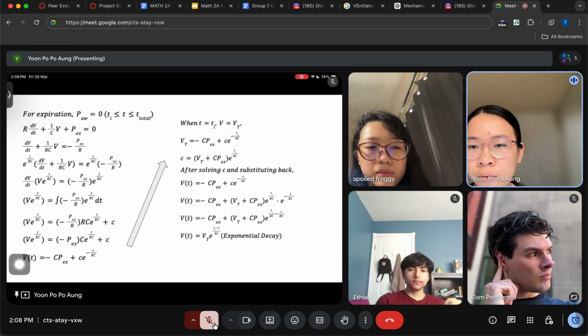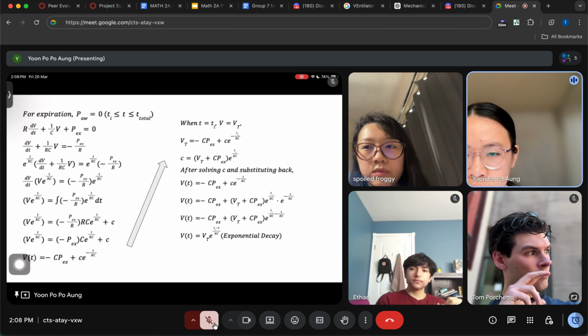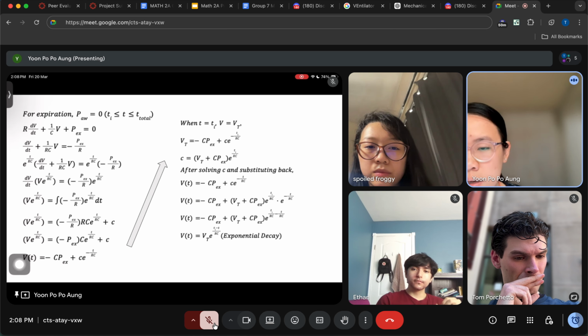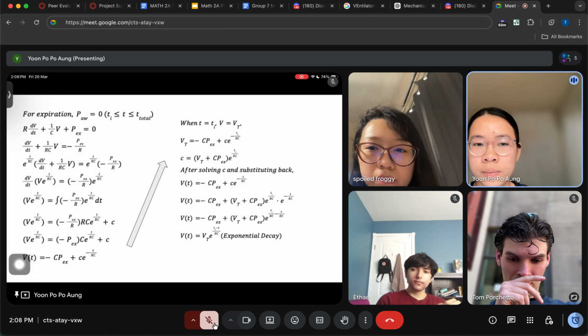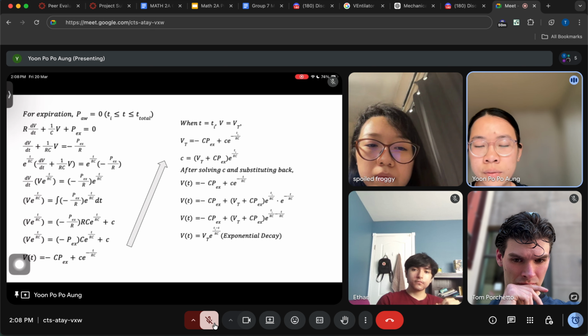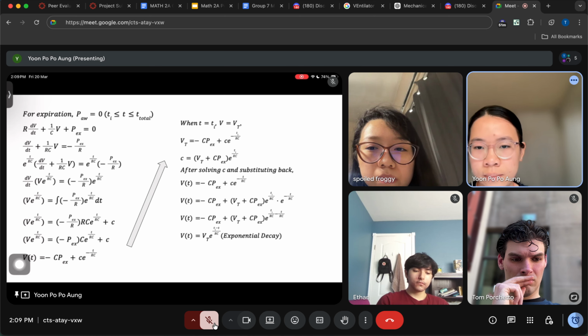And now we get V of t is equal to tidal volume times e to the power of t inspiration minus t over RC, which is the exponential decay function, because as time goes on, we breathe out, so the volume will be decreasing.